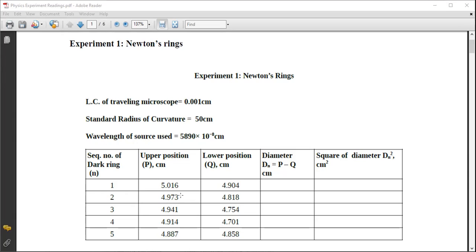You can prepare the observation table, do the calculation, plot the graph, do the calculation, and then also write the understanding of the experiment. And then you can scan it, make a single PDF, and submit it to me by next week. Okay, and I will evaluate your work.